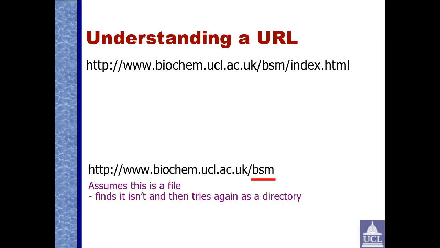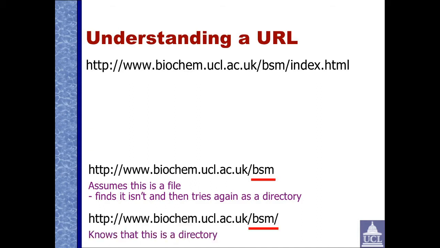Now, if you specify a URL like this, where the last part of the URL is always expected to be a file name, the web server would assume that this was a file you were requesting. It would find that it isn't, and then try again, assuming that what you're looking for is actually a directory.